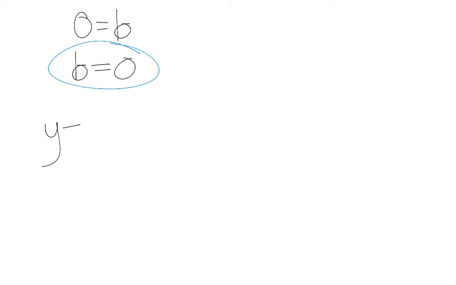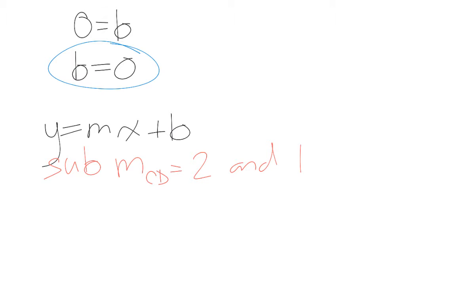We're going to start with the general equation of a line in slope-intercept form, and I'm going to sub in the slope of CD, which is 2, and the y-intercept of the right bisector, which we just determined to be 0. That is going to make it y equals 2x plus 0.